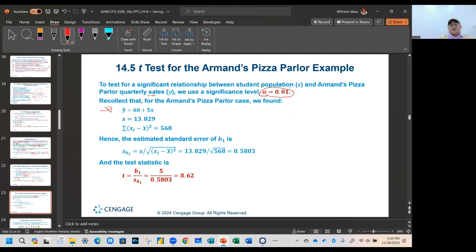And your standard error, which we computed in the previous slide, is 13.8, so your variance is going to be 568. Hence, the estimated standard error of beta 1, if you substitute the values into the equation, is 0.5803. And then your test statistic is going to be 8.62.